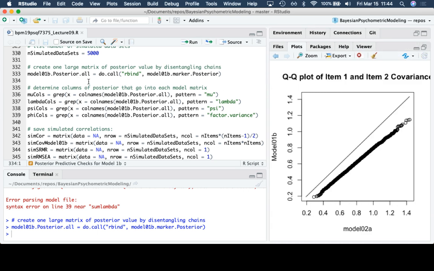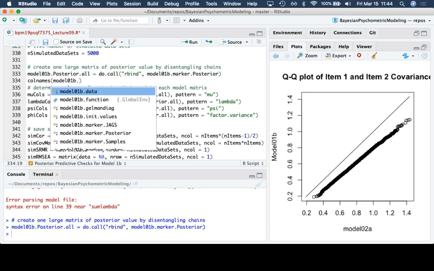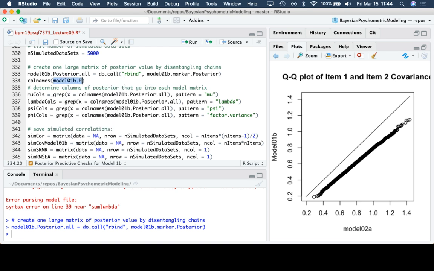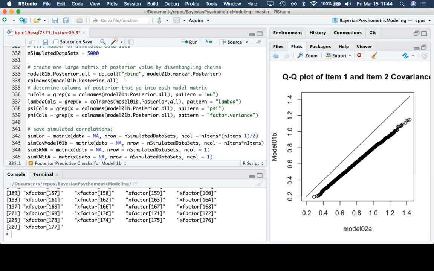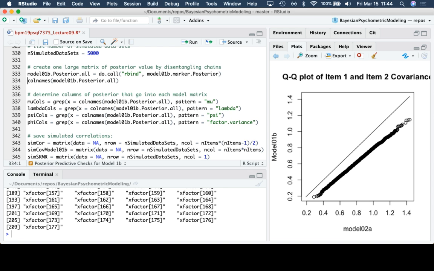For each person, we have a factor. Let's take a look at, just because it's easy to get to, person 177's factor score.